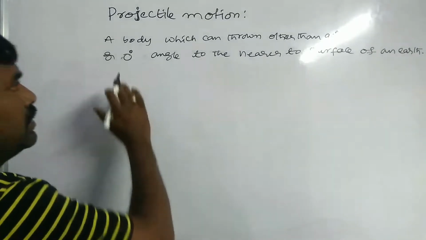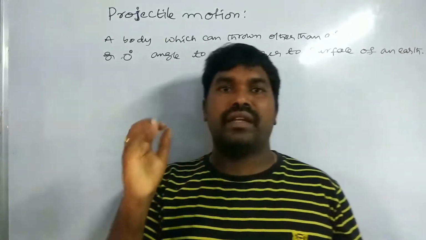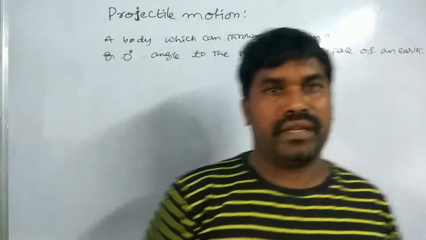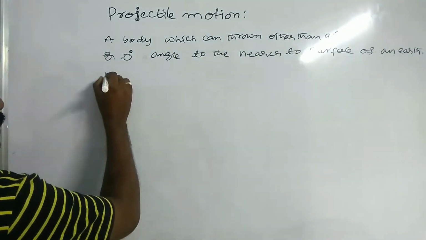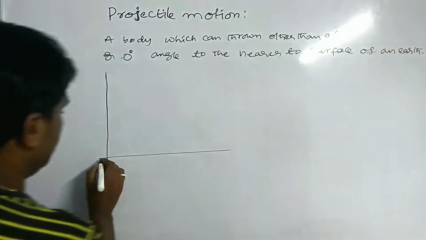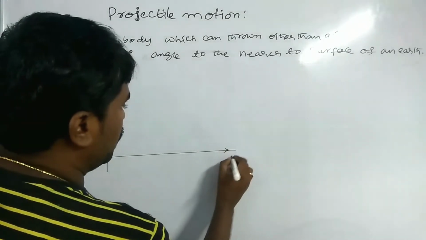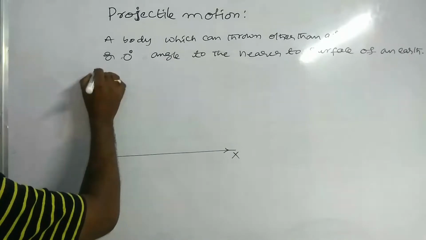The way in which the object is moving is called the path of the projectile. Suppose there is a body which is thrown. This is the origin, this is the horizontal surface, that is the earth, this is the x-axis and this is the y-axis.